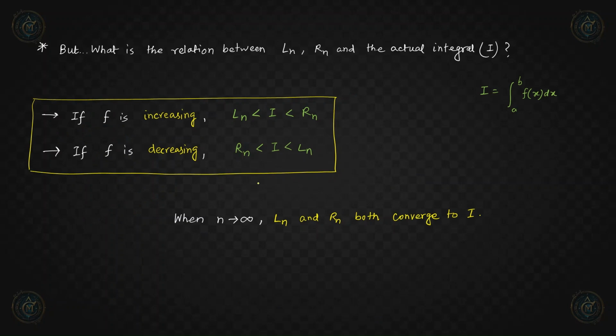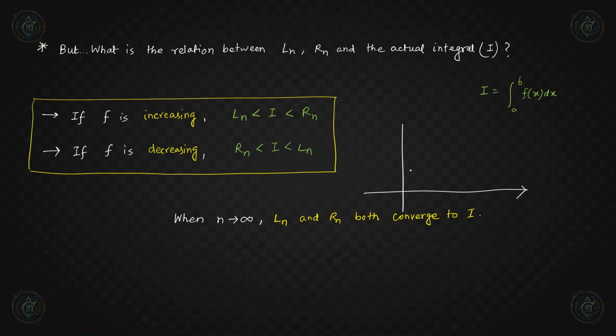We can see this by an example of an increasing function. Let's say we take the increasing function like this. If I take any interval here from x equal to a to x equal to b, and then we calculate the left Riemann sum. So let us take a bigger picture here.